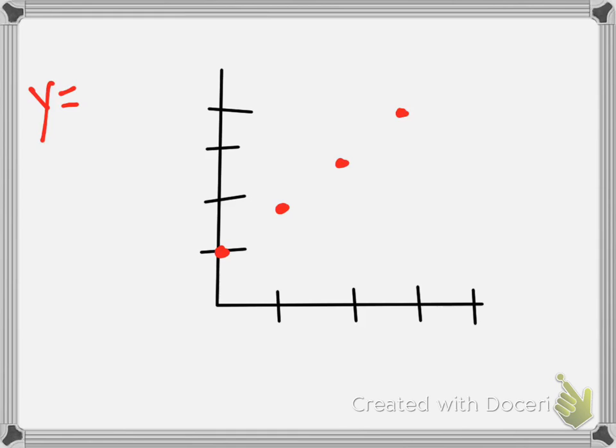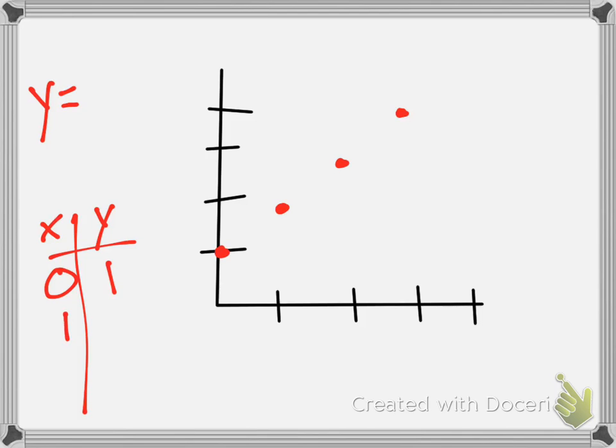Sometimes we have a problem where our 0 value doesn't start with 0. In this case, we make a nice little t-chart for our x's and our y's. When x is 0, what is our y value here? Elsie, 1.